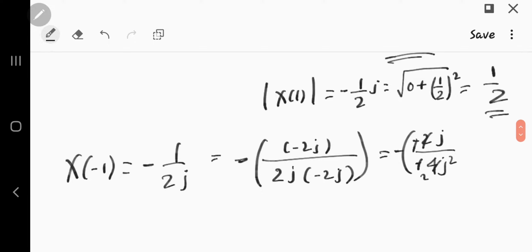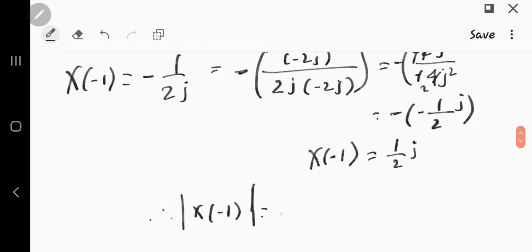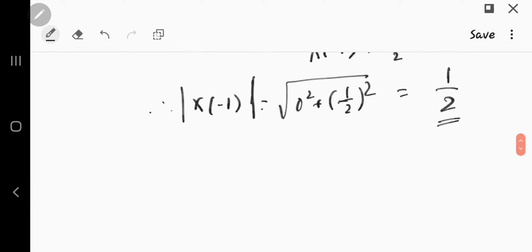So I will get minus of minus 1, j by 2, and minus into minus will give you plus. So you'll get 1 by 2j. So this is x of minus 1. Therefore, if you take the magnitude of this, again it is square root of 0 square plus 1 by 2 square. Again you will get 1 by 2.